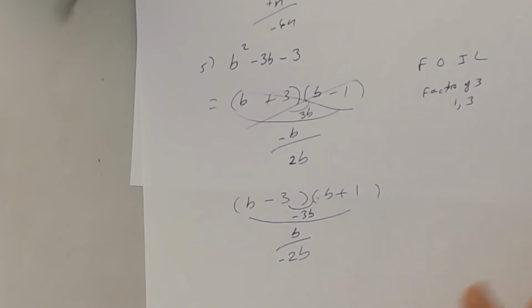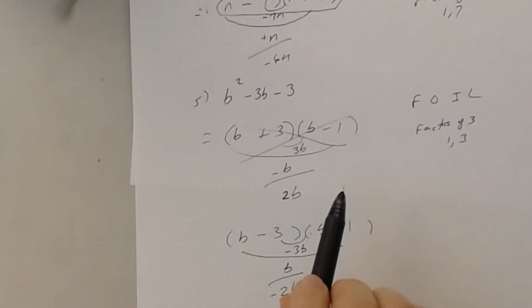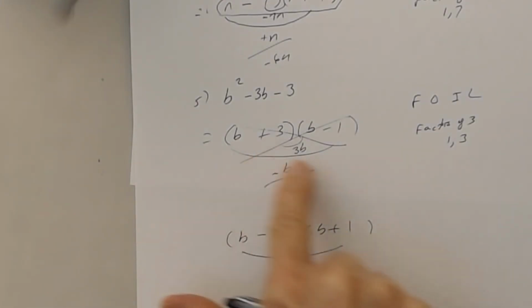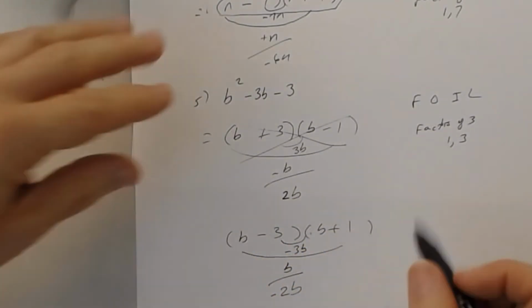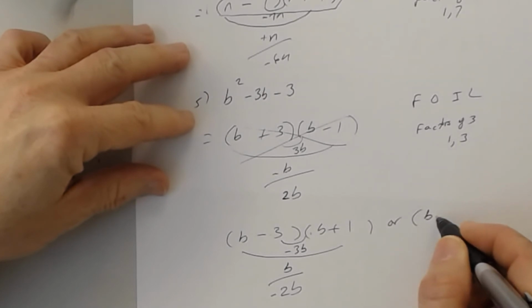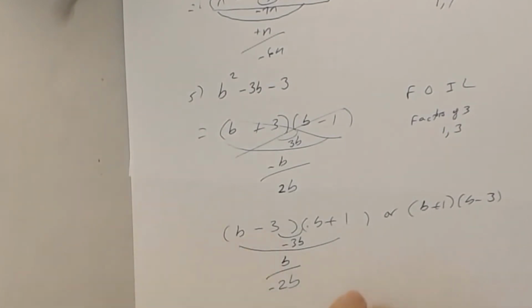What's wrong? Switch the signs? I already switched the signs. Switch the numbers? Okay, fine. Think about it now. If I switch the numbers, -3, +1, isn't that the same thing as this? So what she's saying is this: switch the numbers. So b plus 1, b minus 3. Well, that's the same thing, isn't it?